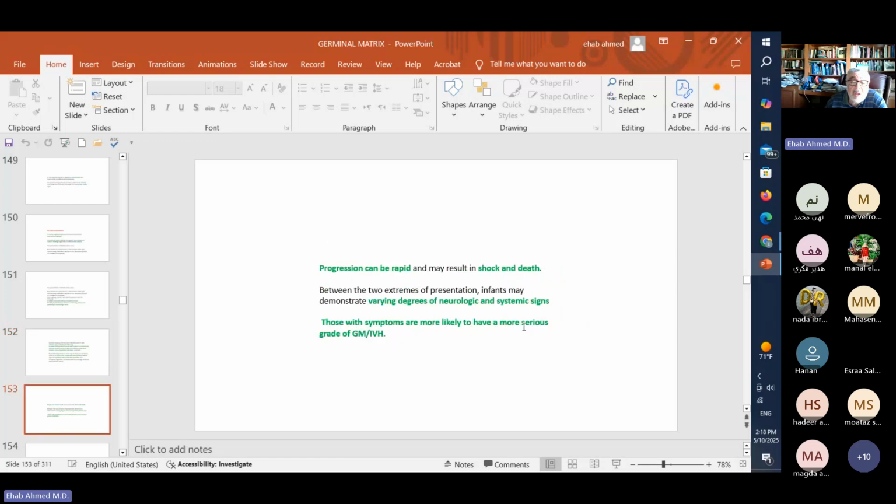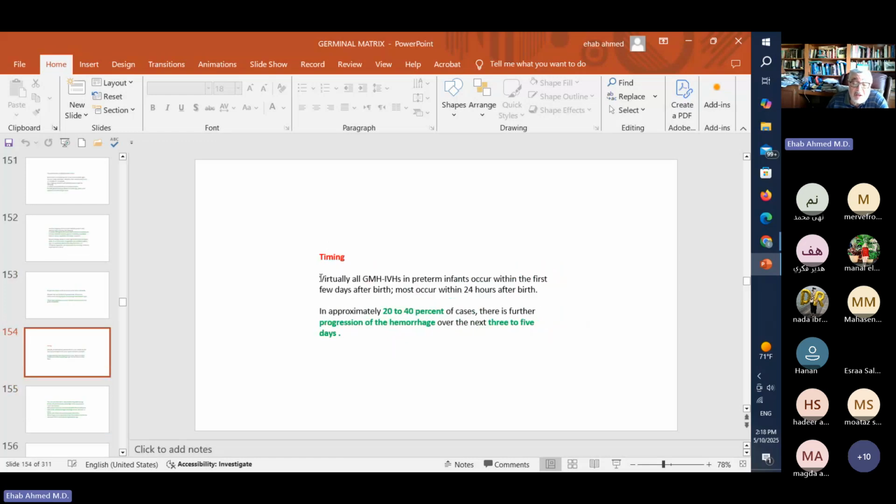Okay, so timing. As we said, most of the cases, like 50%, occur in the first day, maybe in the first 6 hours. It is not unusual to diagnose it at birth, even 17%. Then the risk decreases by days.